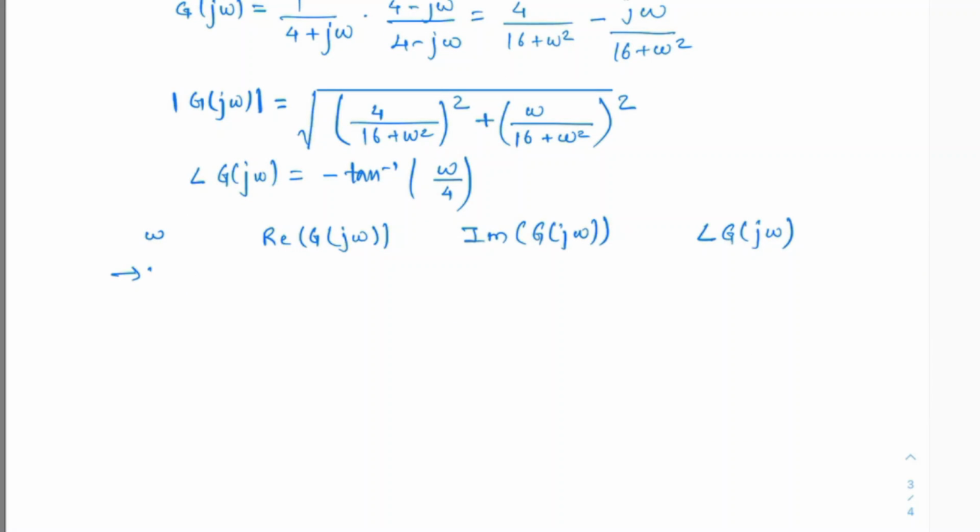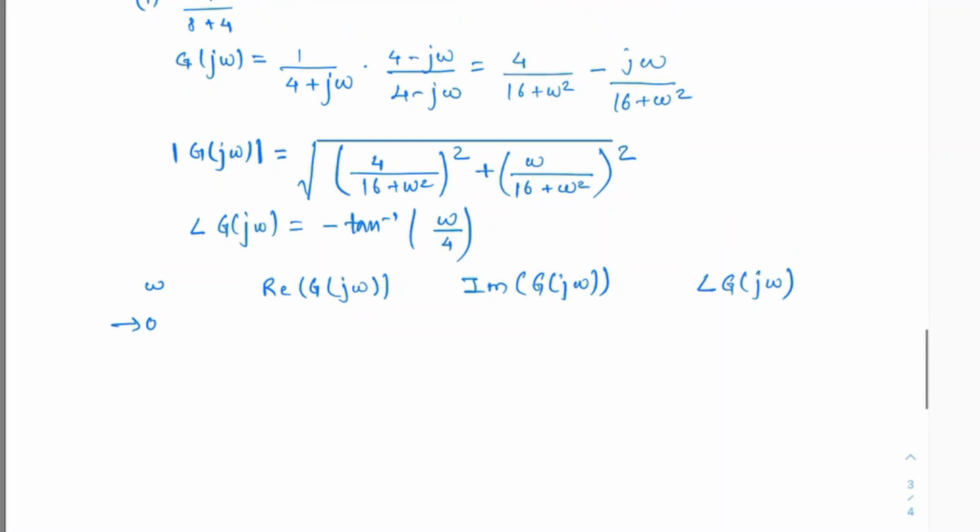So when omega tends to 0, the real part would be 4 over 16, that is 1 over 4, 0.25. Again, as omega tends to 0, the imaginary part would be 0. And when omega is 0, tan inverse 0 is 0.